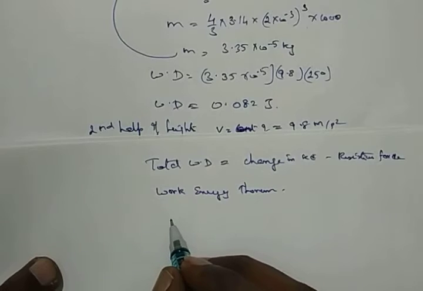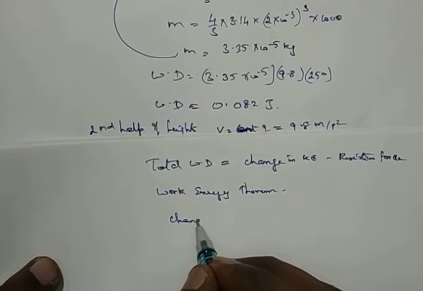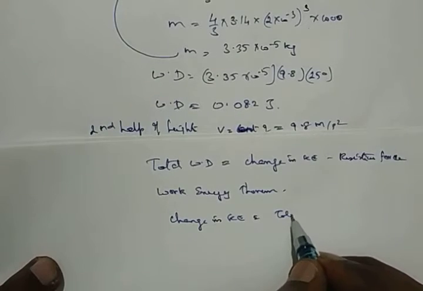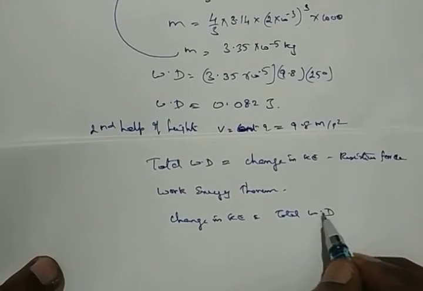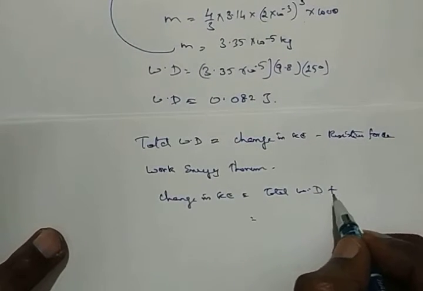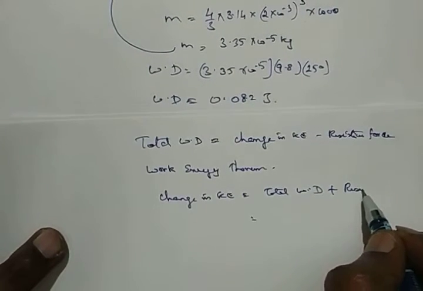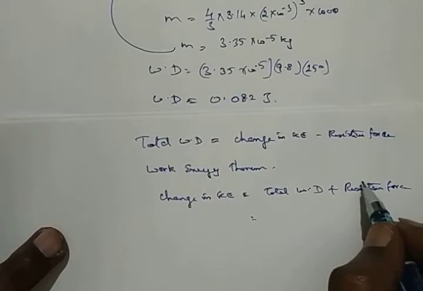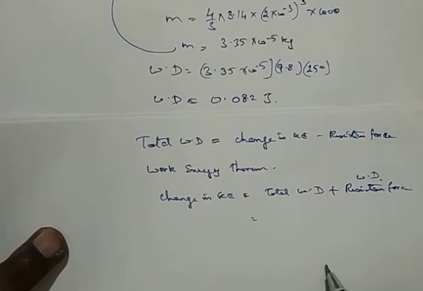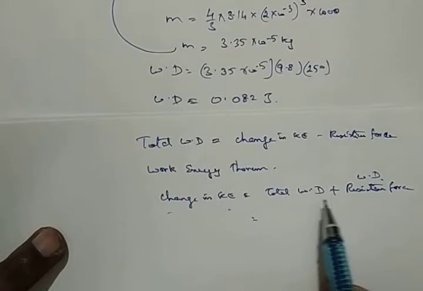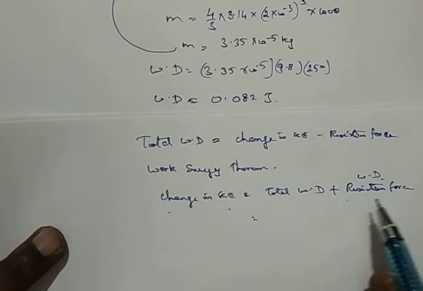It says change in kinetic energy is equal to total work done. So here total work done is equal to the work done plus the work done due to resistive force. Alright, so you need to have that clarity. Change in kinetic energy is equal to total work done. That's what the work energy theorem says.